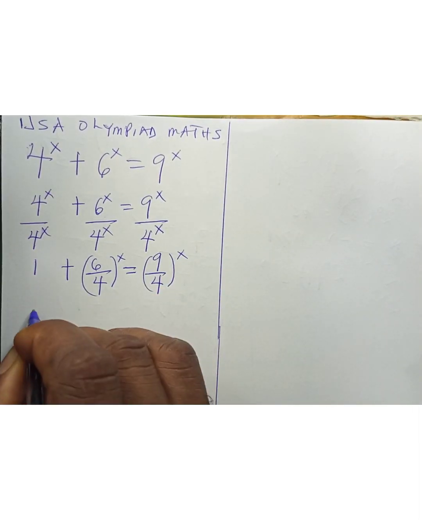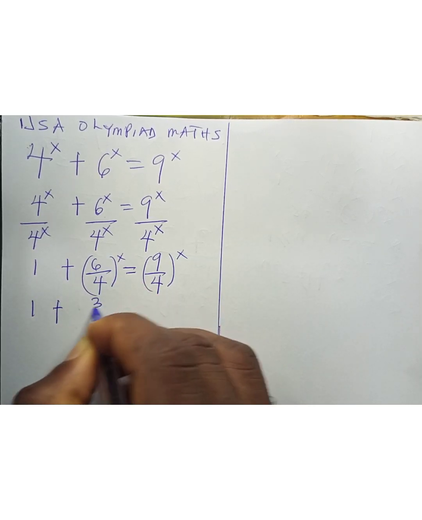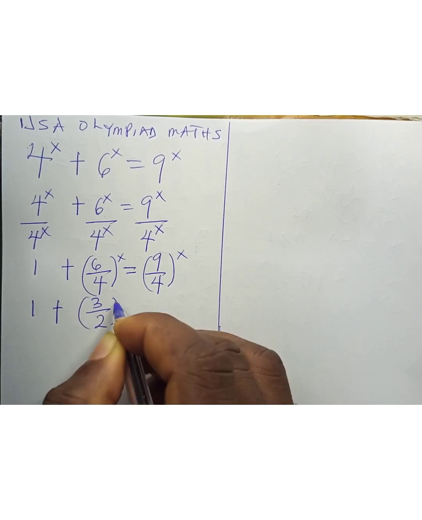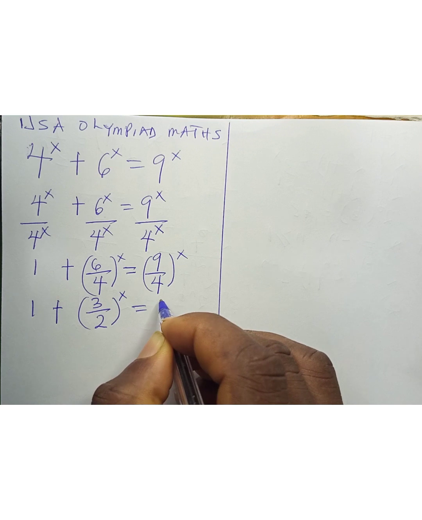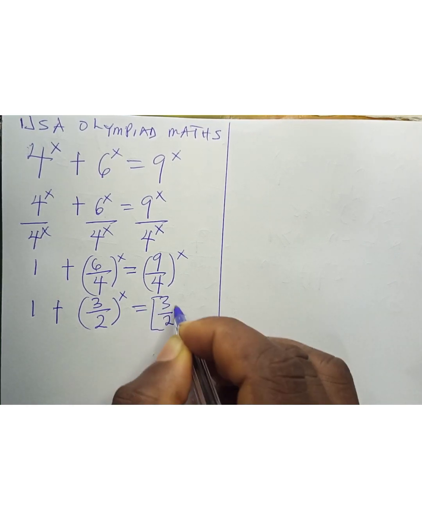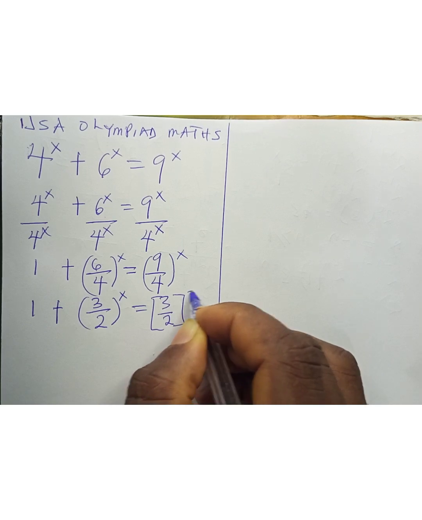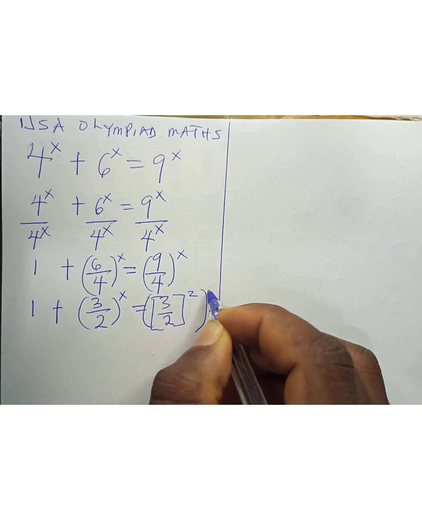If that be the case, this reduces to 1 plus 3 over 2 raised to power x. Then this other one, we can write it as 3 over 2 squared, raised to power x.